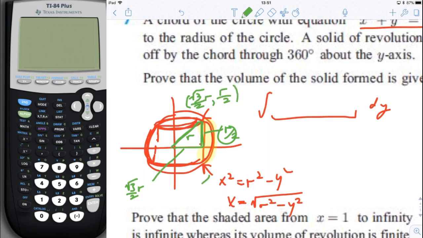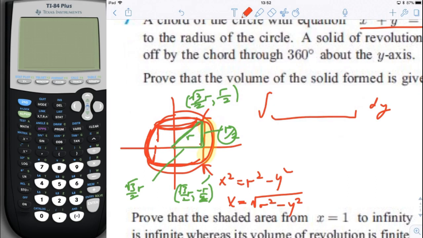And then this point here at the bottom would be square root of 3 over 2r, comma, negative r divided by 2. Okay, so we have 2 points defined.